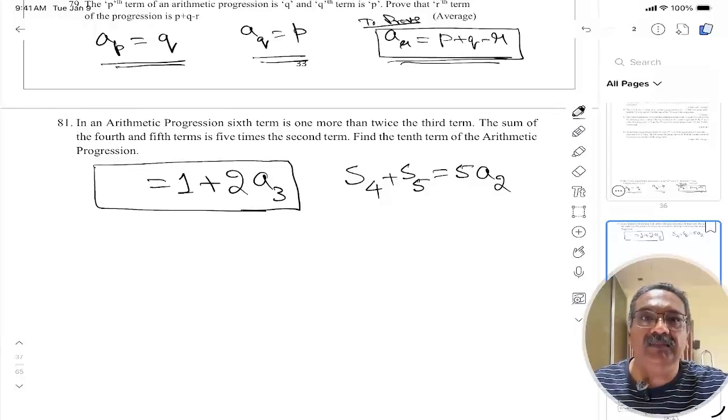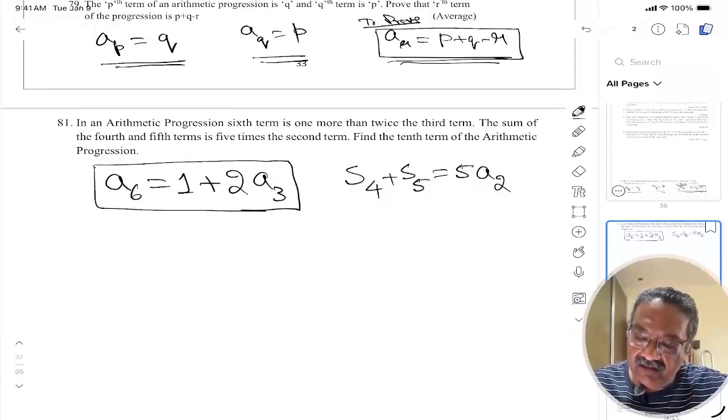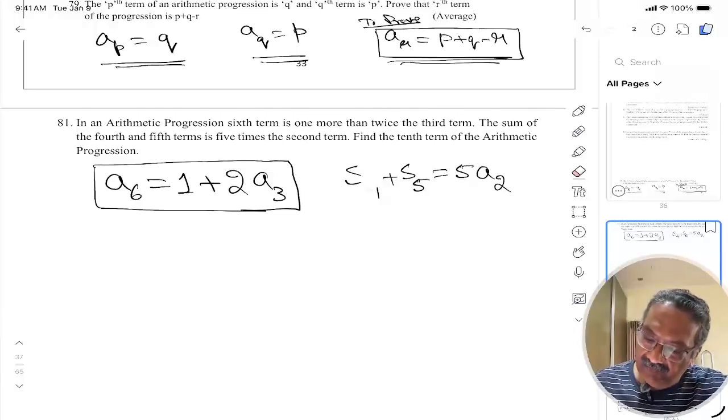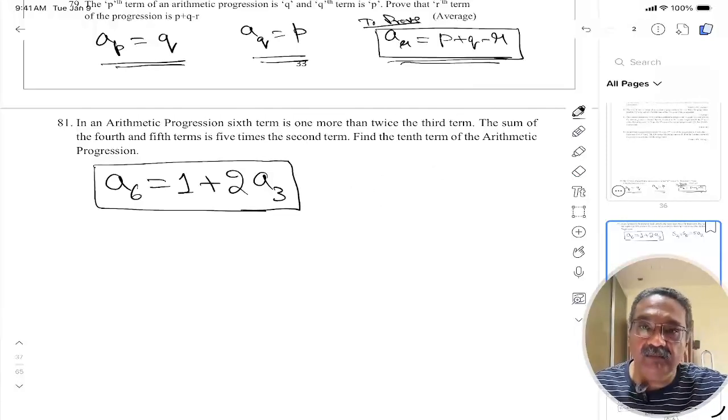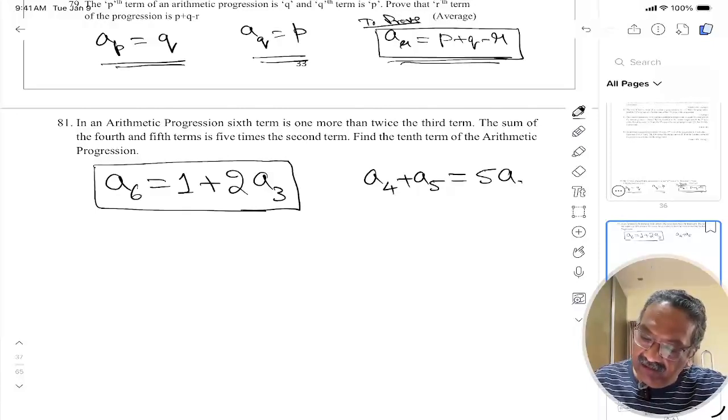It says sixth term means A6. The sixth term is one more than twice the third term. And the sum of the fourth and fifth terms, that is A4 plus A5, is 5 times the second term.